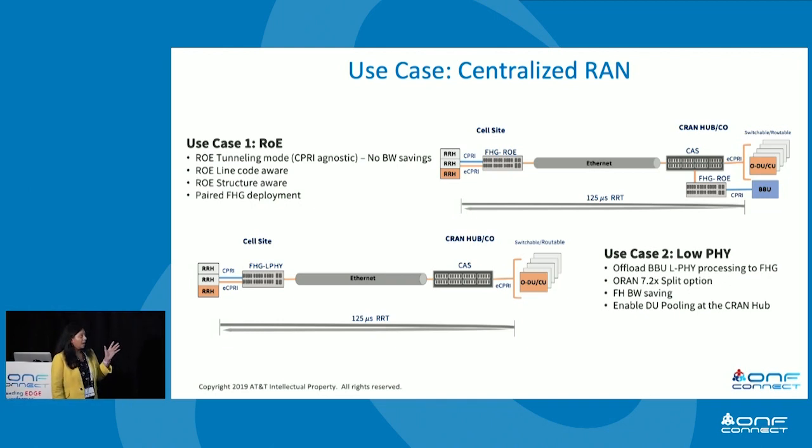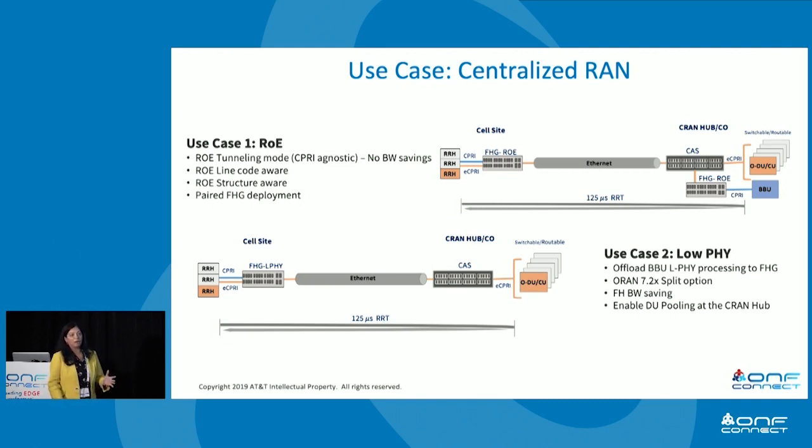then I'll have a common transport to go back to your hub location. So offloading the lo-fi processing to this Fronthaul Gateway gets me two things. One is it reduces the bandwidth to go back to the hub location, my fronthaul bandwidth, and it also enables the DU pooling at the CRAN hub.